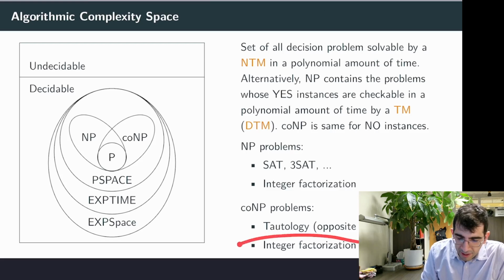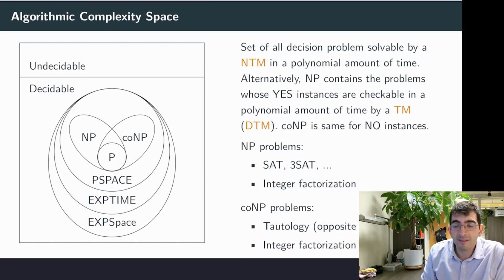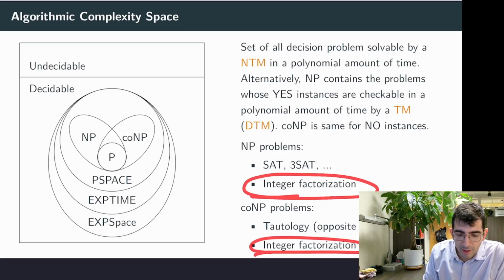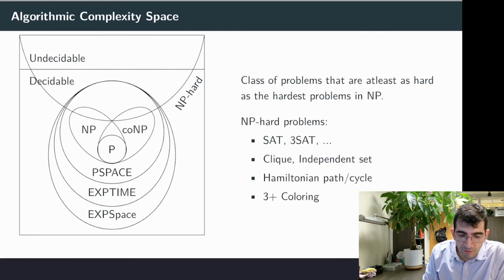For the no case, that there is no factor of n that's less than k, you could still check this in polynomial time by simply listing out the primes and checking that they're primes using the AKS primality test. Okay, so integer factorization is in both, but most notably, integer factorization is not what's known as NP hard.